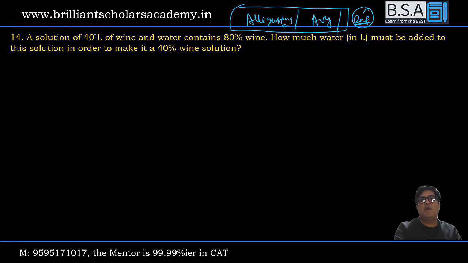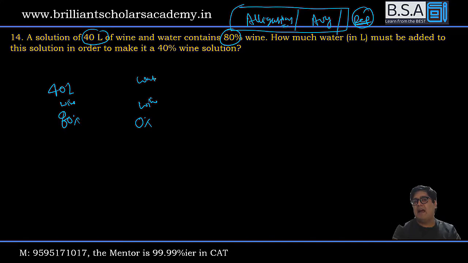See, how many liters do we have? We have 40 liters. What is the purity? 80%. Purity of wine. What are we adding? We are adding water. Does water have any wine in it? No. So the percentage has to be of wine. Even though I'm adding water, the percentage should be of wine. What am I trying to achieve?